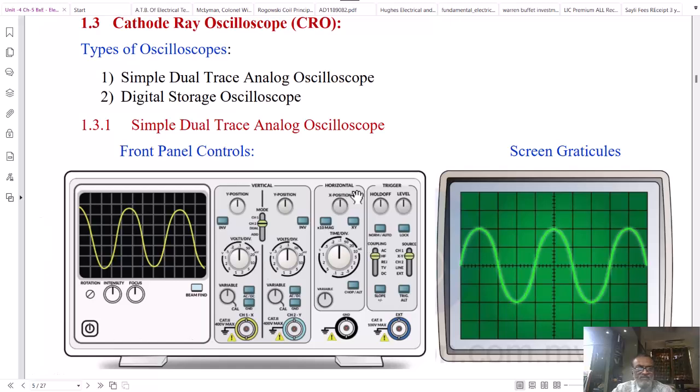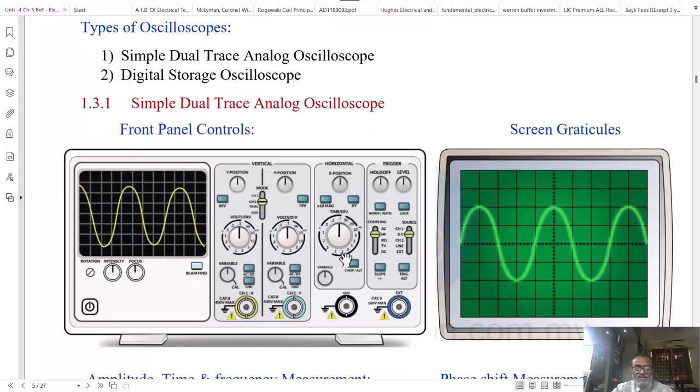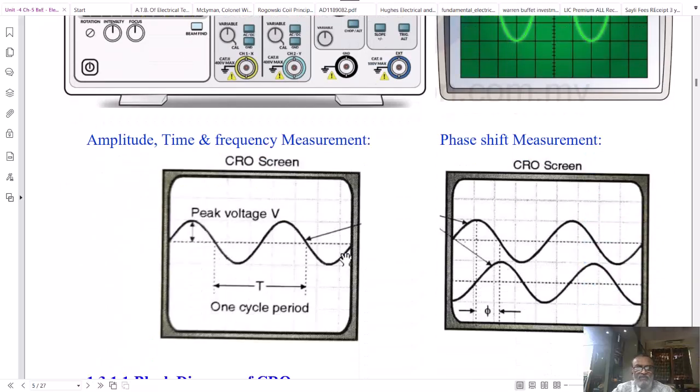I think this shows most of the controls. Now let us see how the various parameters can be measured on the oscilloscope screen and how their values will be decided.